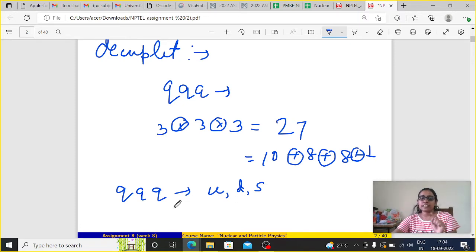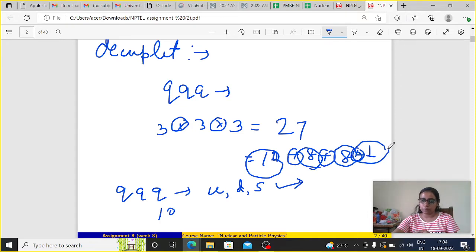See here, 10 particles means that it will form a decuplet. In that 10 particle decuplet system there should be 10 particles, one at each corner. Similarly, there will be one octet, another octet here also, and one singlet, so that it gives the 27 combinations.